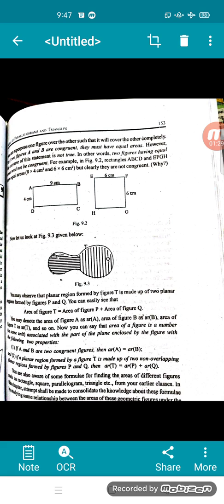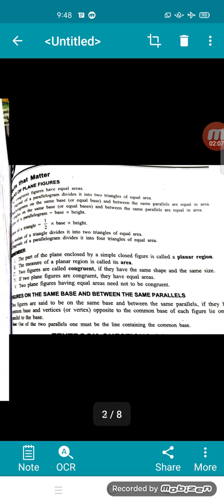You may observe that the planar region formed by figure T is made of two planar regions formed by figures P and Q. You can easily see that the area of figure T is equal to the area of figure P plus the area of figure Q. First, if A and B are two congruent figures, then area A is equal to area B. Second, if a planar region formed by a figure T is made by two non-overlapping planar regions formed by figures P and Q, then area T is equal to area P plus area Q.